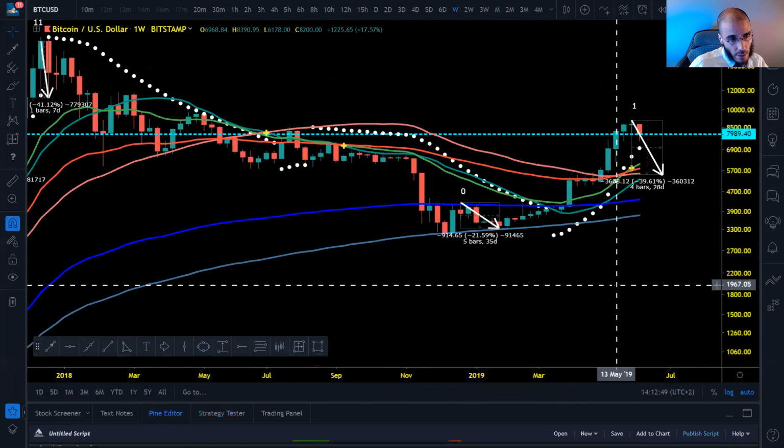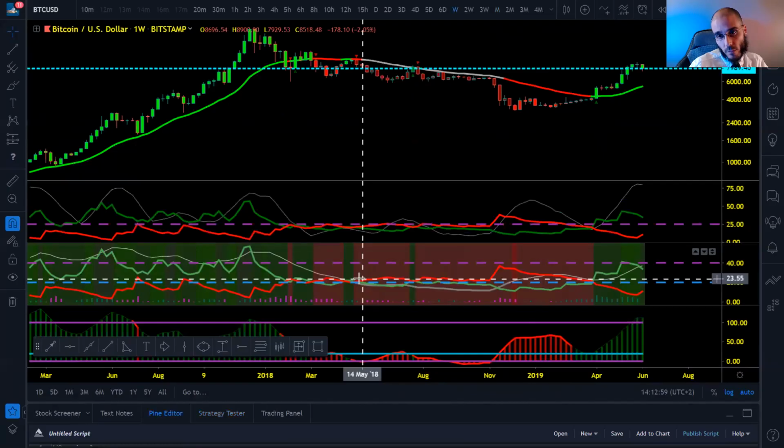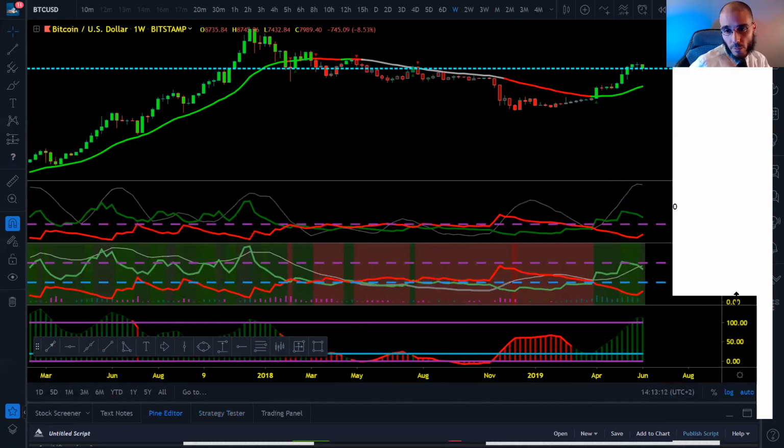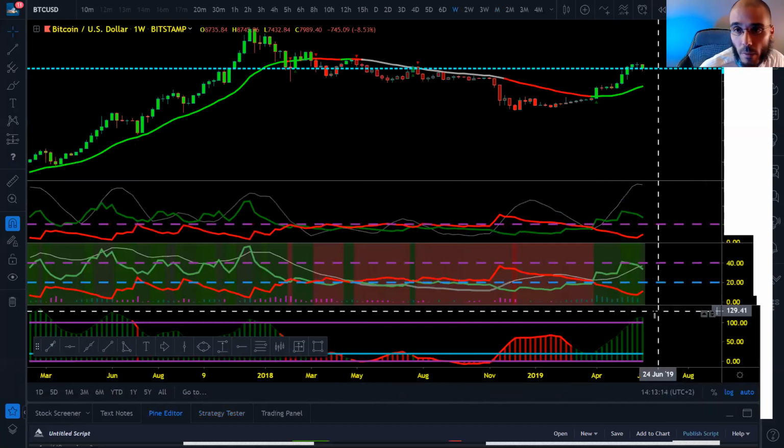After my multi-indicator, we are going to look at Ichimoku. No, I'm sorry. I have forgotten one indicator. It's all bullish as always for now.